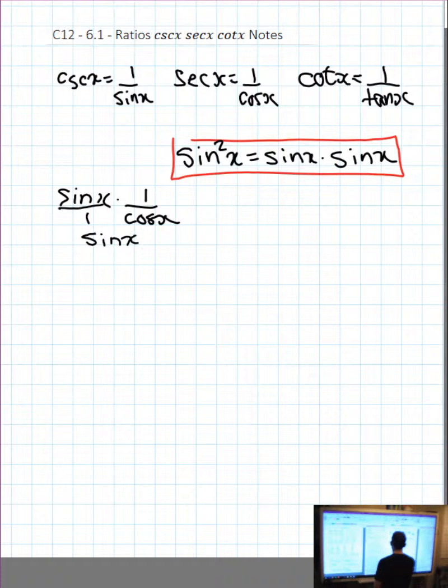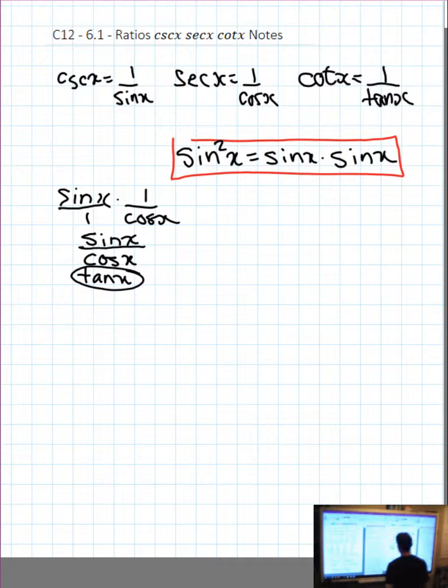Notice I go down the page. 99% of the time, go down the page. 1 times cos x is cosine x. And I know sine x over cosine x is, from my formula sheet, simply tan x, which we spoke about a bunch in the last 2 chapters.